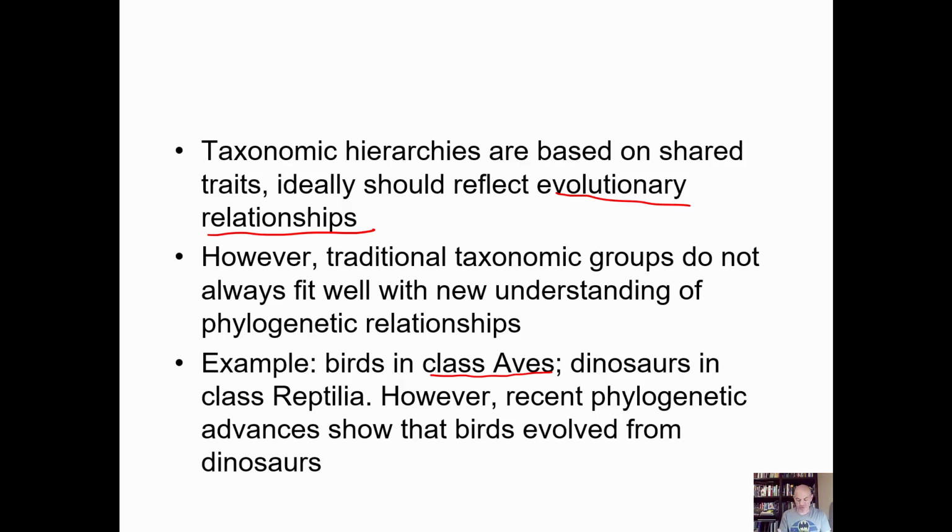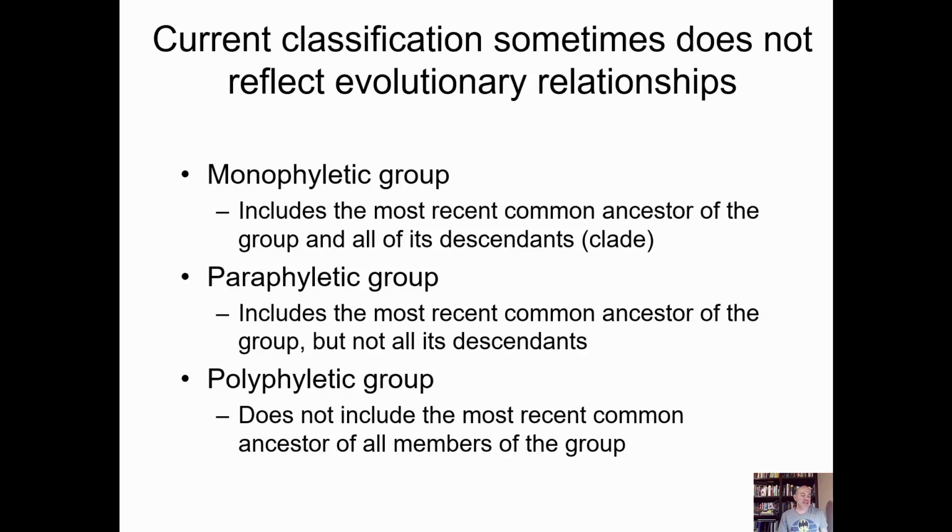So we have some terms that are going to be used to help us understand when we talk about a taxon, a formally named group, does that group actually fit the evolutionary history or not? So that's where these terms come in. If that taxon does fit the evolutionary relationships, then it's referred to as monophyletic, and that group would be referring to a clade.